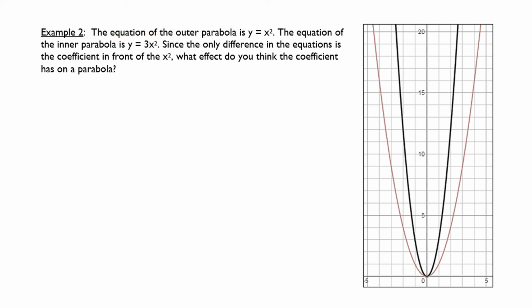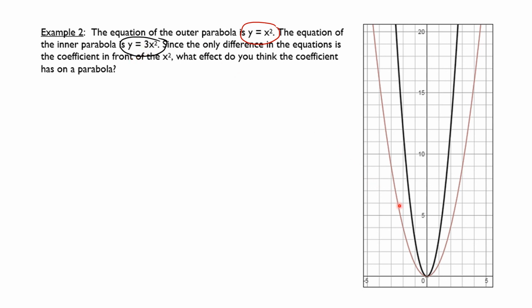So let me color these so we can keep them clear. The outer parabola is y equals x squared. That's red. The inner one is y equals 3x squared. That's black. The only difference in these two equations is that this one has a 3 and this one doesn't. So what do you think this number does?